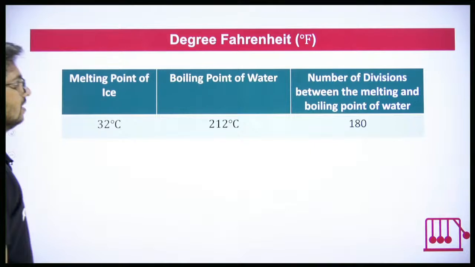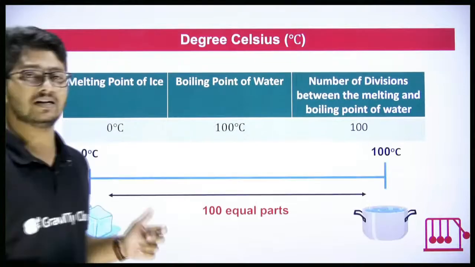Celsius took the melting point of ice as 0 and the boiling point of water as 100. Now you might say, sir, I will define a unit. I'll take the melting point as 10 and the boiling point as 50. Can I do that? You can do it, you can call it by your name, but the regularly used standard ones are these.